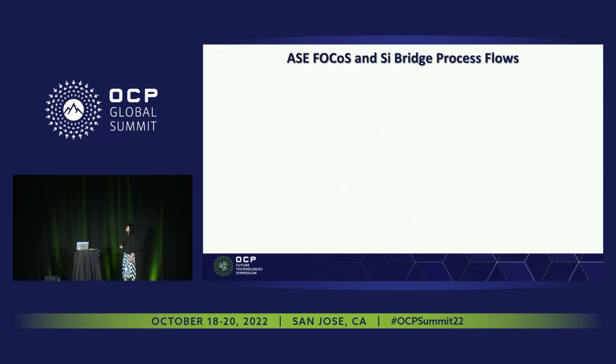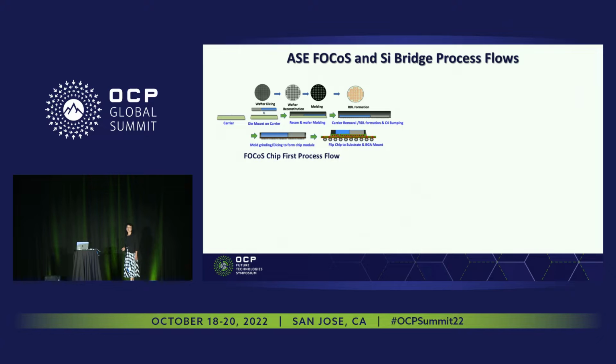I will give a very high level process flow of each platform. This flow chart shows the chip first. What does the chip first packaging process mean? Basically, in chip first, you put the ASIC die or chiplets first on the carrier.